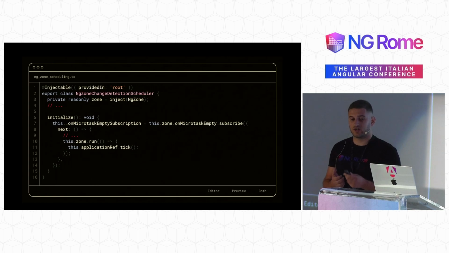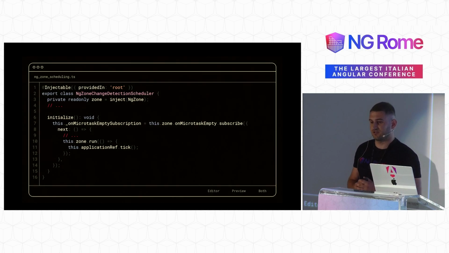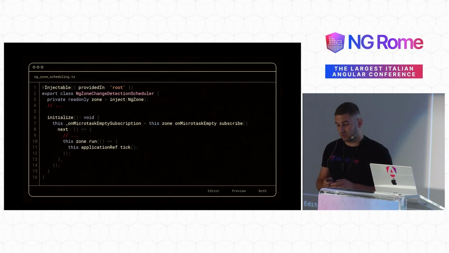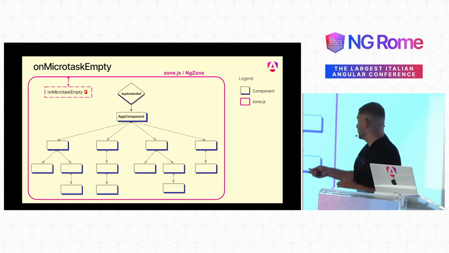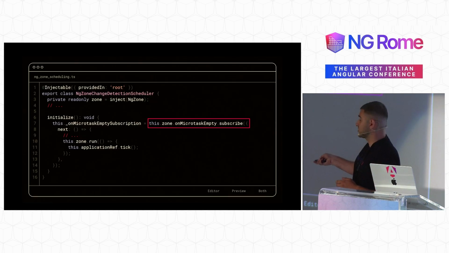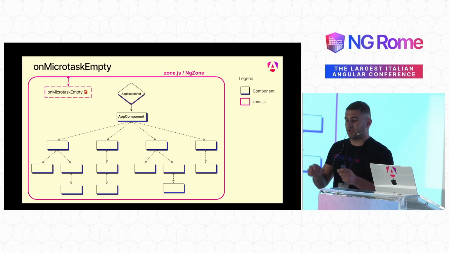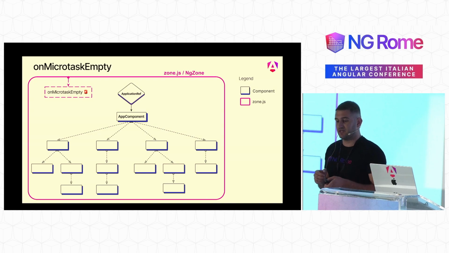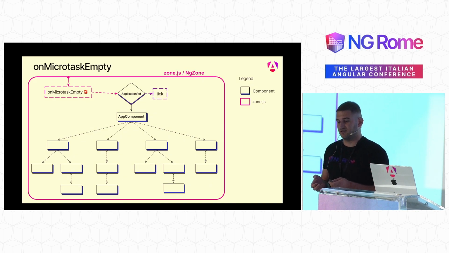onMicrotaskEmpty will be subscribed inside this NgZone change detection scheduler that Angular uses under the hood. And what it will do is run that application tick that we saw before. Because we have this wrapped with Zone.js, the moment that the onMicrotaskEmpty observable emits, it will go to application ref and call tick.